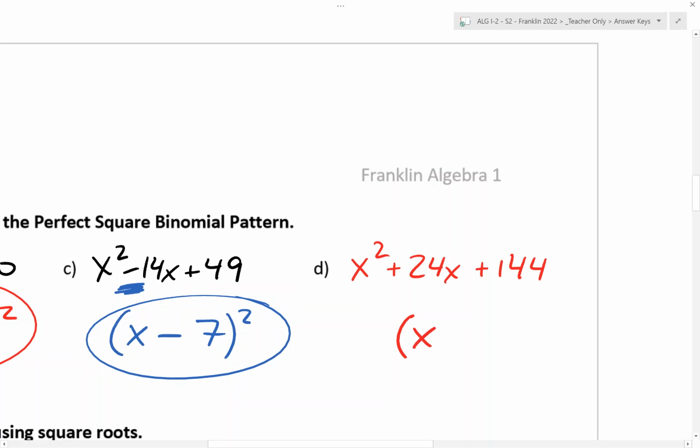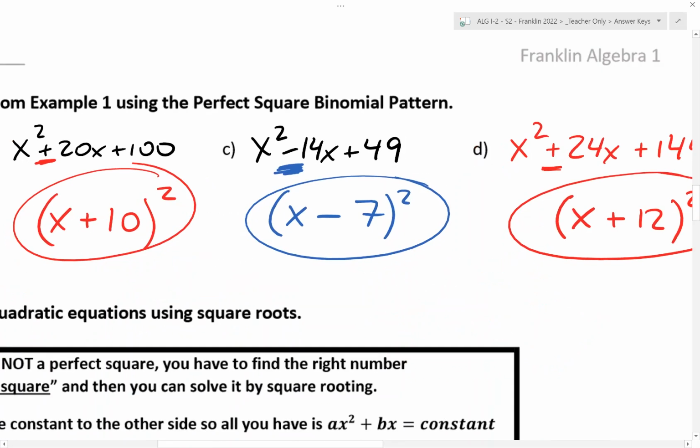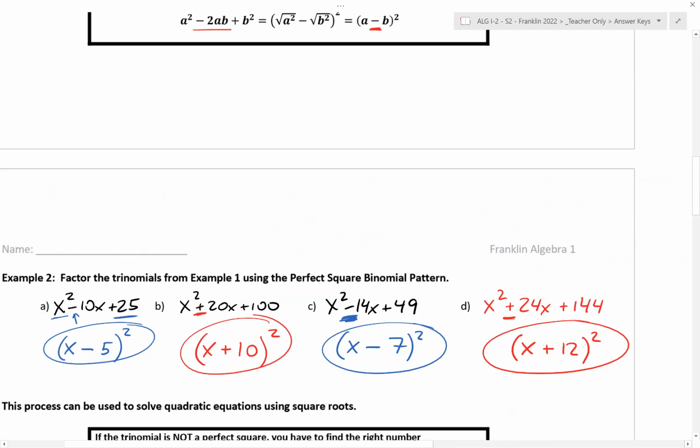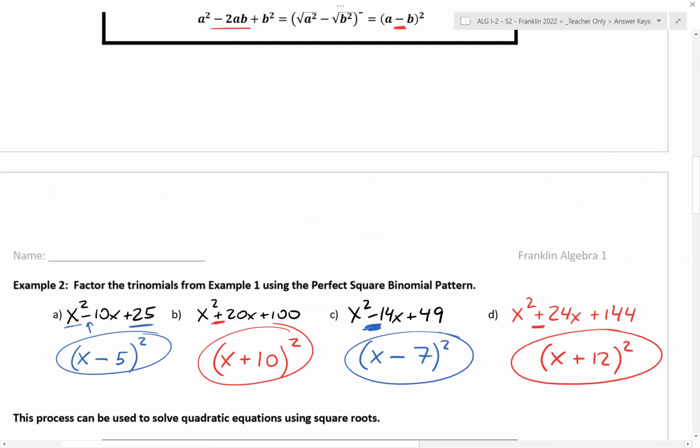Start out with x. We have a positive here, so plus the square root of 144 is 12, and squared. Now, this isn't the whole thing. So this is how we can factor or change a perfect square trinomial into a squared binomial.